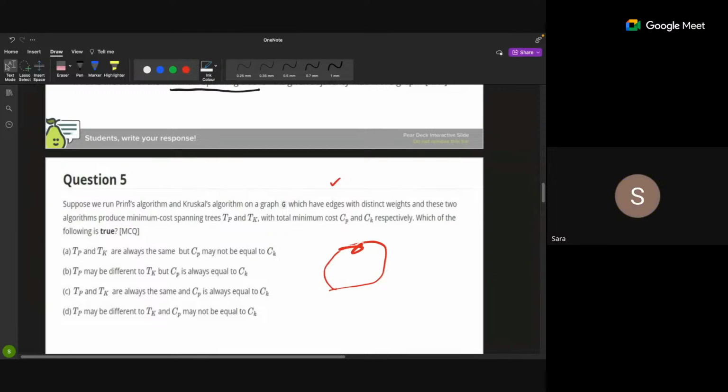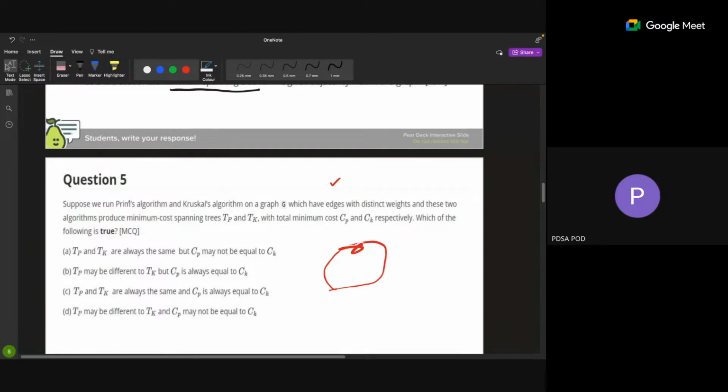I think it should give the same. Yes, it's the same. Whenever the same graph is given, with the same weights, shape and connecting edges, you will get the same kind of MST value.